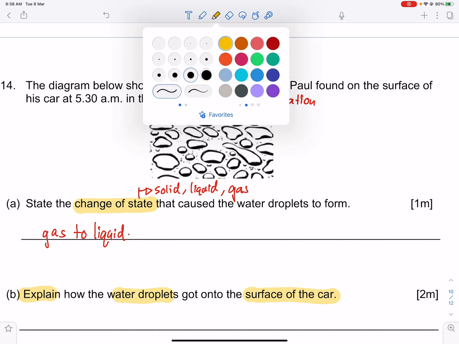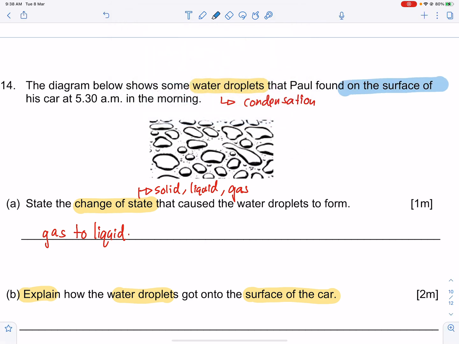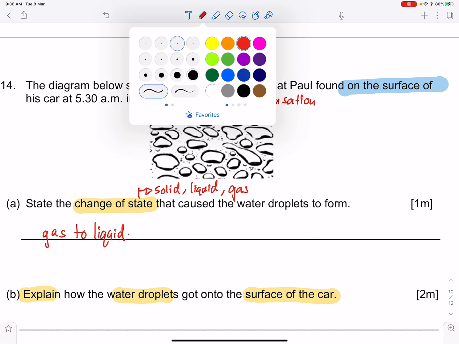So with this, I'm going to spend some time to explain about this question. To help us with that, I'm going to draw a car for us.